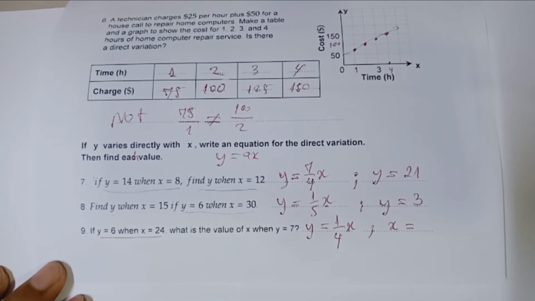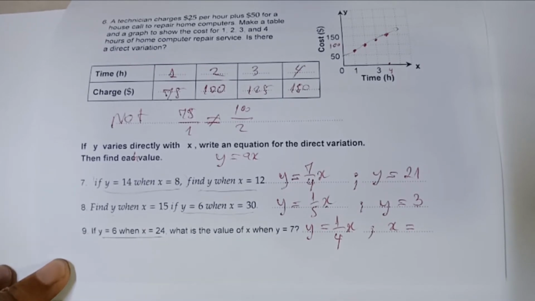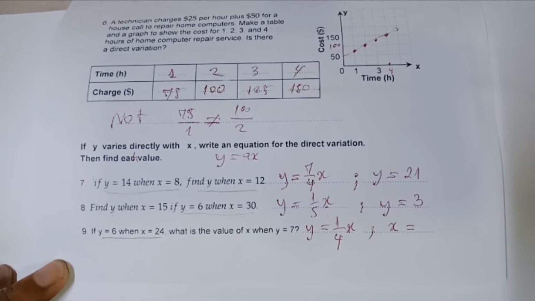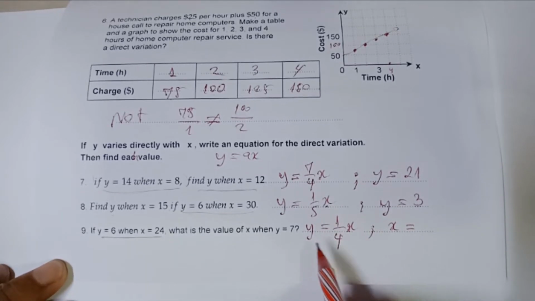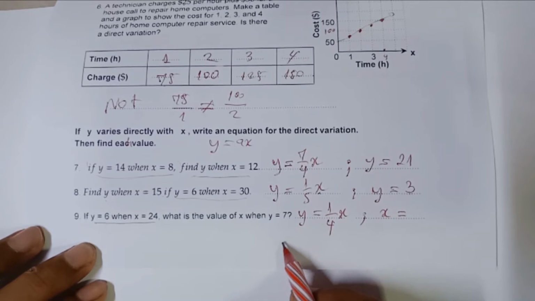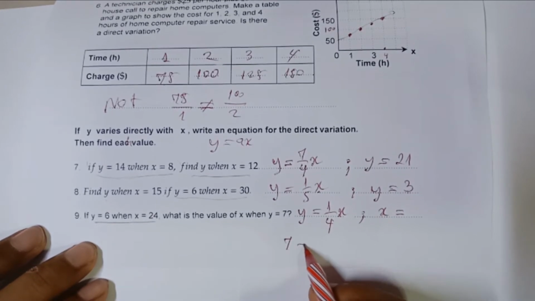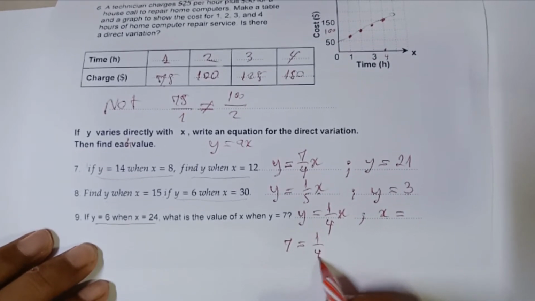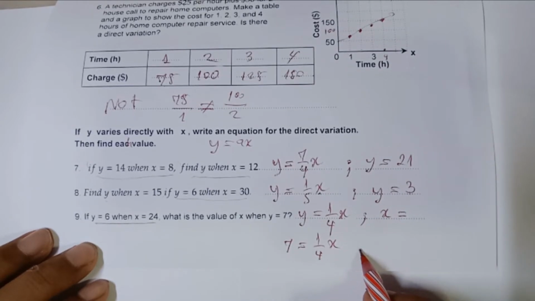To get the x value, you substitute y in this section right here. Let me solve this part for you. I will put y as 7. So 7 equals 1/4 x.